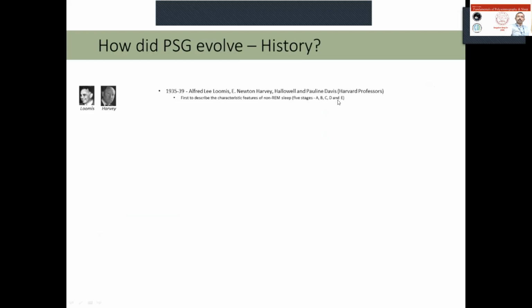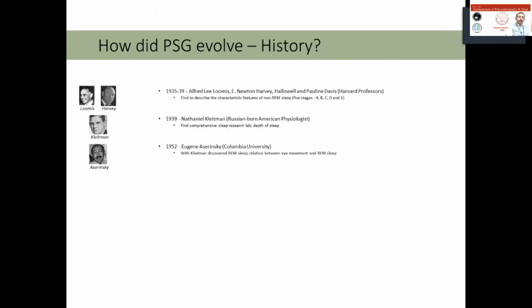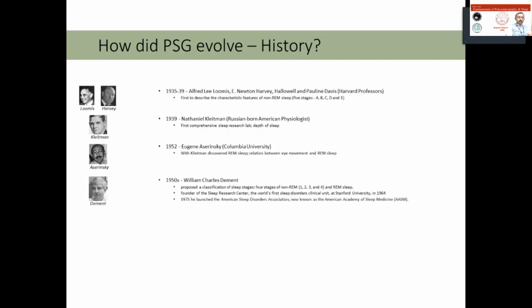So they had 3 stages based on the depth of sleep, and later sleep clinics and research labs started to identify the depth of sleep. But then Aserinsky and Kleitman discovered REM sleep, and from then the classification of both NREM and REM happened.